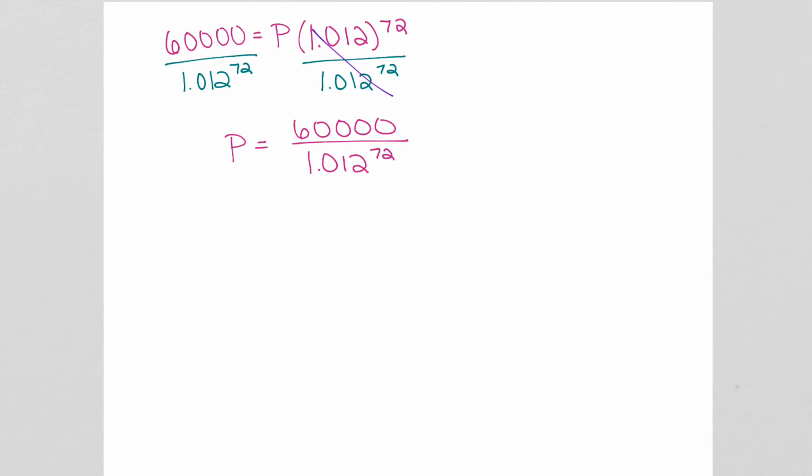Either you're going to have to raise the exponent first and then divide 60,000 by that number, or you can put it in like this, just depending on what kind of calculator you've got.